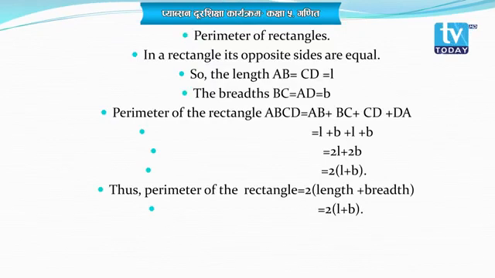In the perimeter of rectangles, a rectangle is a quadrilateral once again because it has 4 sides. And in a rectangle, opposite sides are equal.